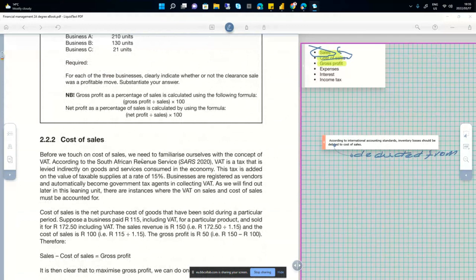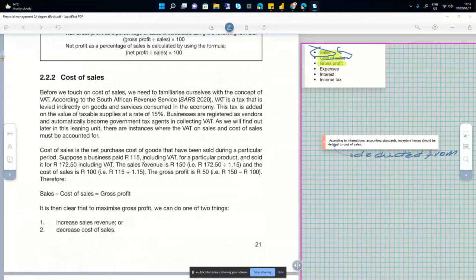Okay, so let's move to the cost of sales. In fact, before we touch on the cost of sales, we need to familiarize ourselves with the concept of VAT. Obviously, VAT is the value added tax, it's levied indirectly on goods and services.